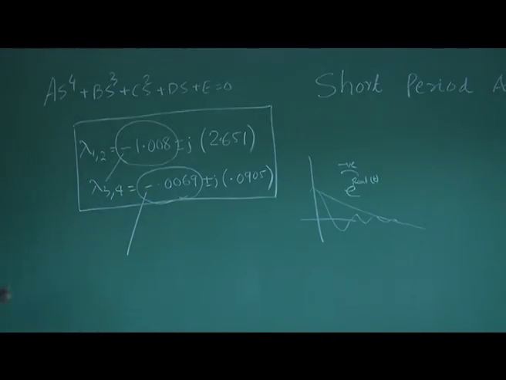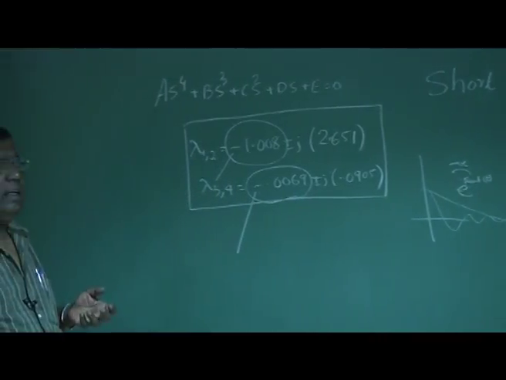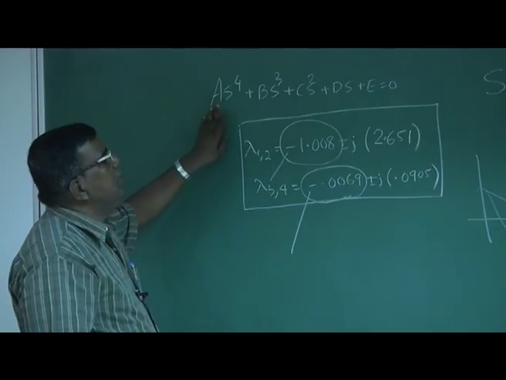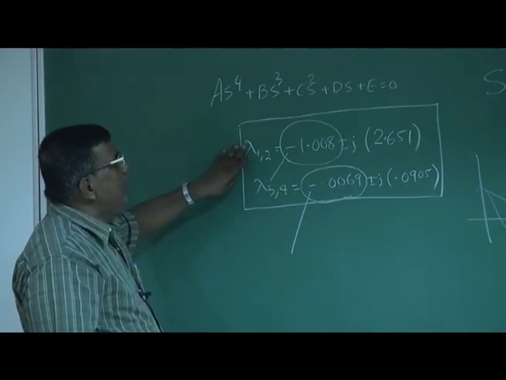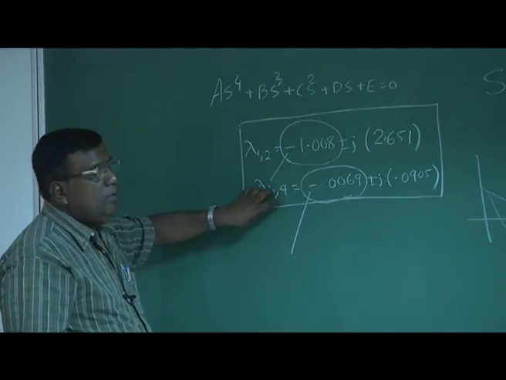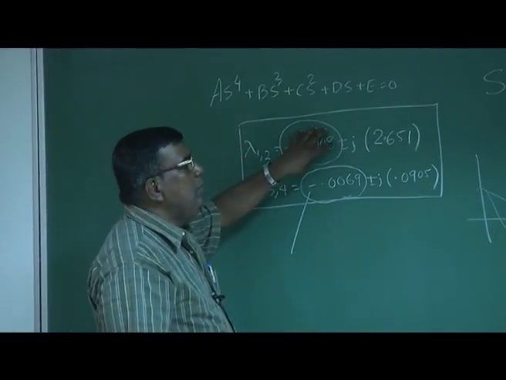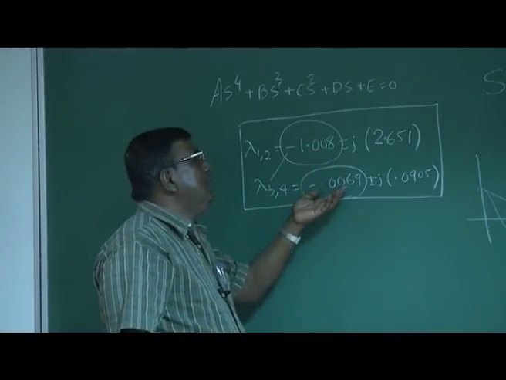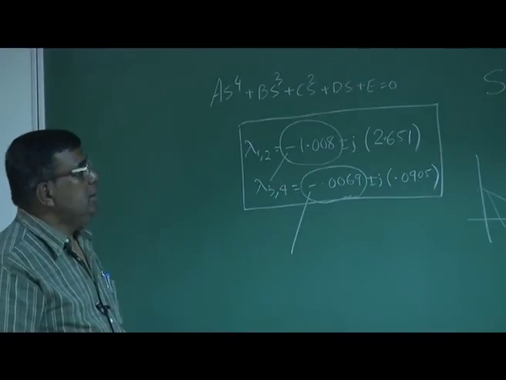So what we have seen, mostly for a business type aircraft, is that the solution of this equation will result in two pairs of complex conjugates, lambda 1, lambda 2, and lambda 3, lambda 4, and in one pair the real part will be largely negative, larger than the other roots' real part.